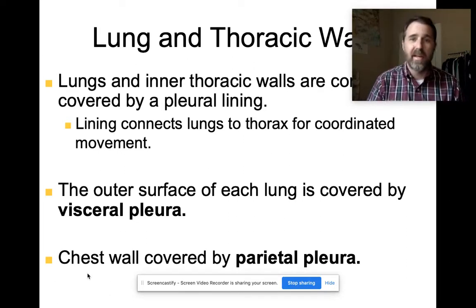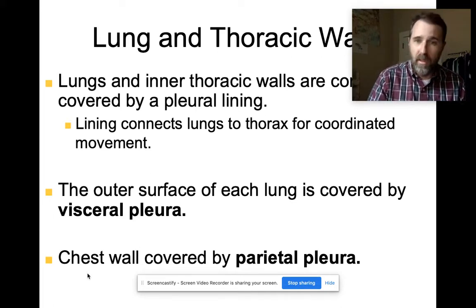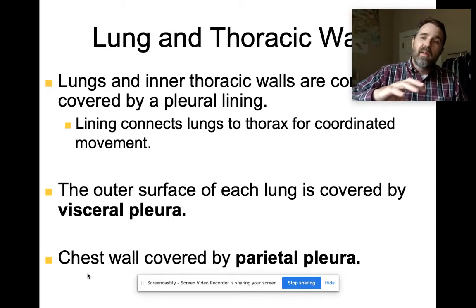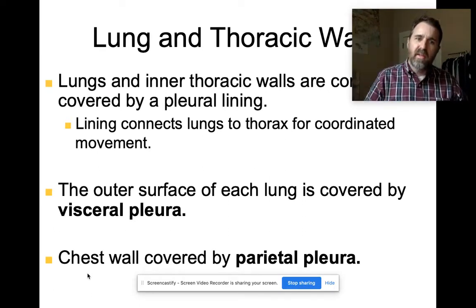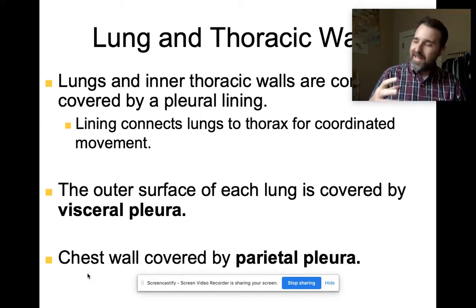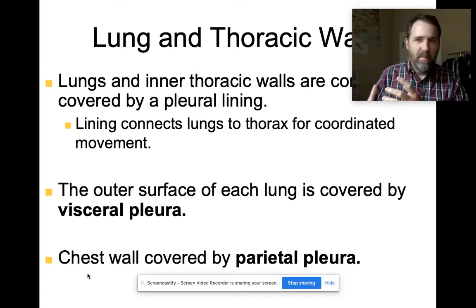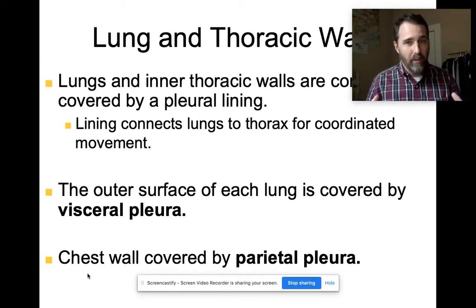We call these linings the pleural membranes, or simply the pleura. The pleura that is encasing each lung is the visceral pleura. So the visceral pleura, you can think of it as being attached directly to the lung, but it's a slimy membrane on the outside. And then the inside of the thoracic cavity, the inside of the chest wall, is covered by the parietal pleura.